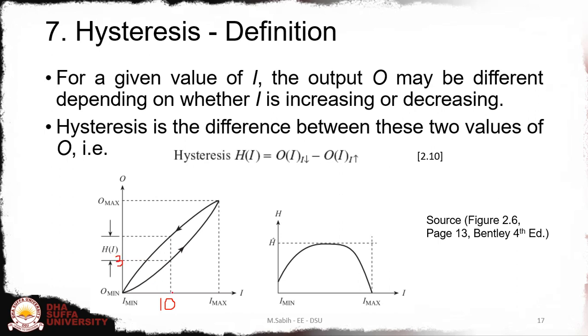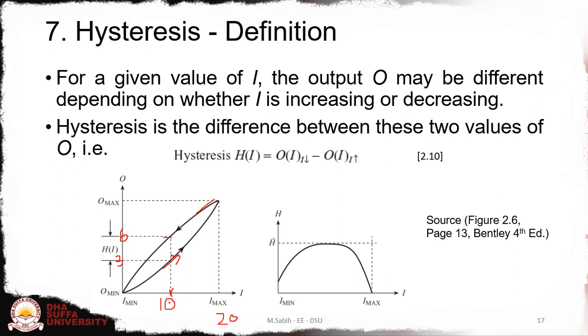When it reaches a value of, let's say, 20, and then the graph is decreasing, it takes a different path, and when it arrives back at the same value of 10, you have a value different from this, maybe, let's say, 6.